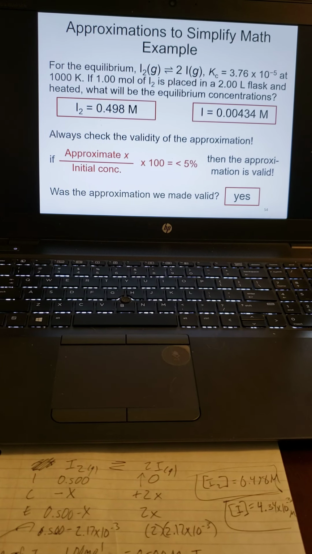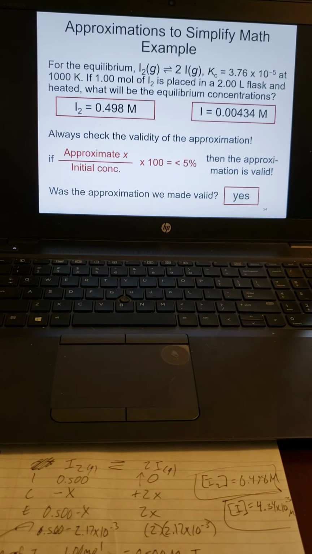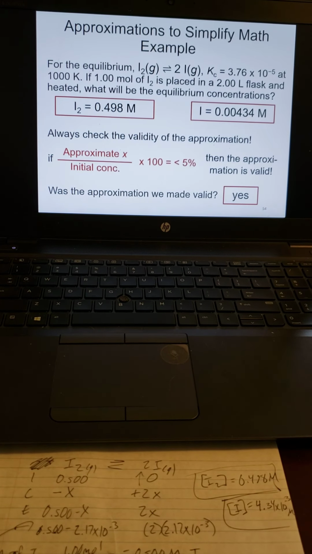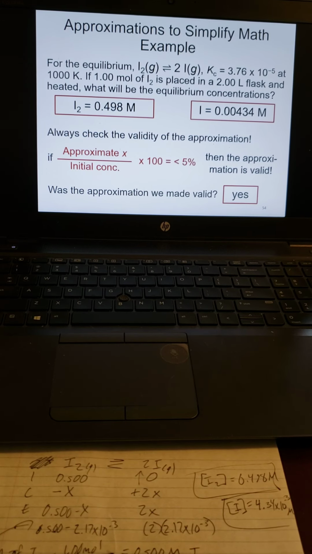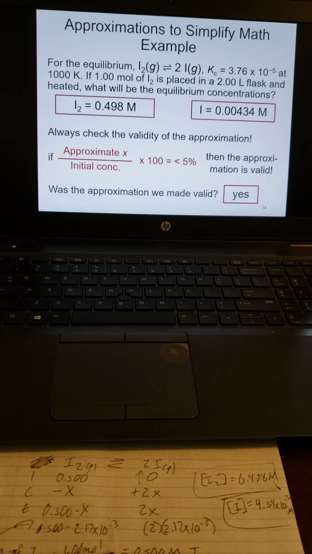Okay? Now, your homework has you answer questions using the quadratic formula. I am not for sure if I'm going to have you use the quadratic on your test or not. I will let you know on Monday. I'm going to make your test over the weekend.